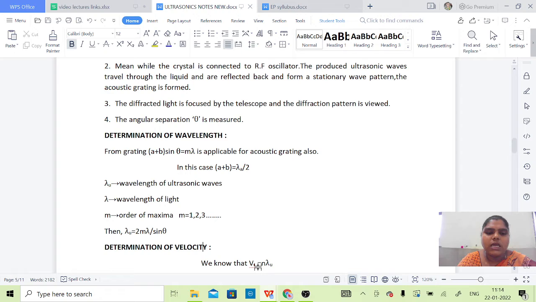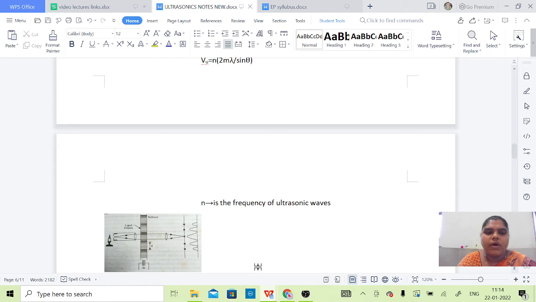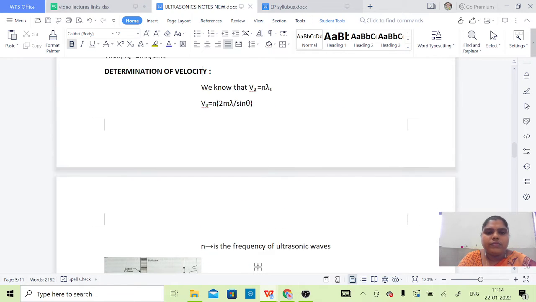Here in this case, a plus b equals lambda u by 2, where lambda u is the wavelength of ultrasonic waves, lambda is the wavelength of light, and m is the order of maxima. Then lambda u equals 2 m lambda by sine theta.